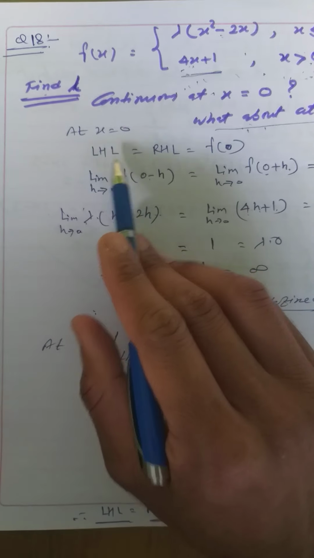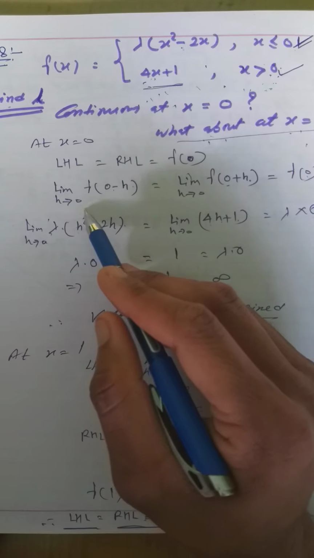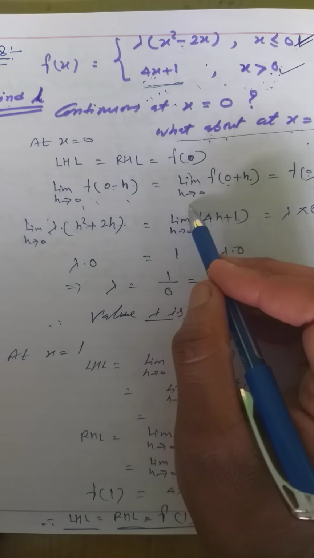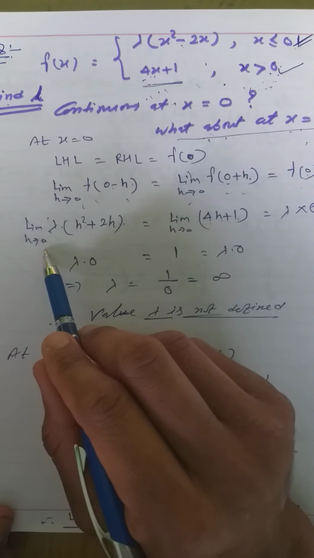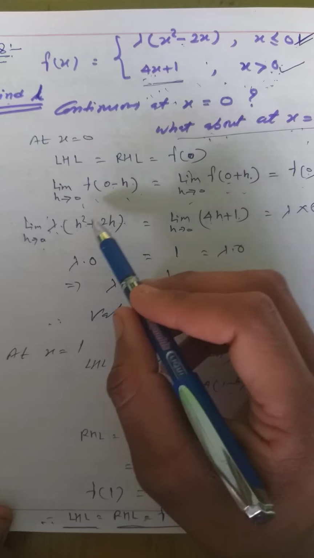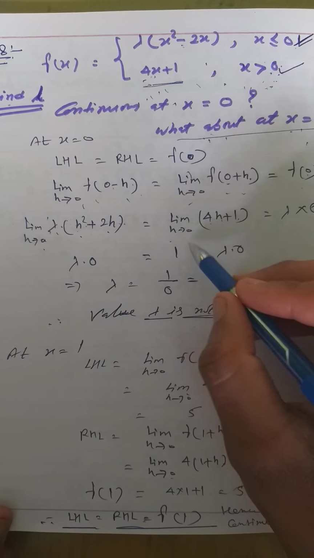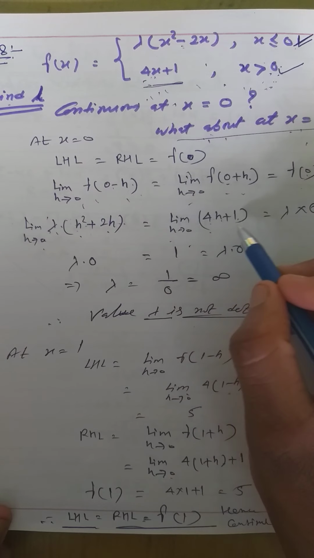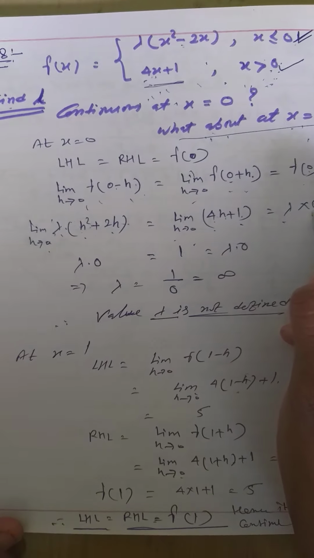At x = 0, left hand limit equals right hand limit equals the value of the function. Limit h tends to 0 of f(0 - h) = limit h tends to 0 of f(0 + h) = f(0). Limit h tends to 0 of lambda times (h square + 2h) = limit h tends to 0 of 4h + 1 = lambda into 0, the value of the function.